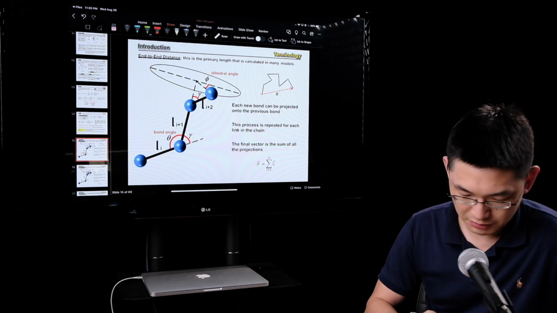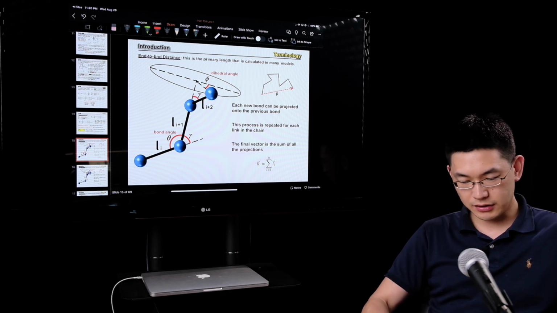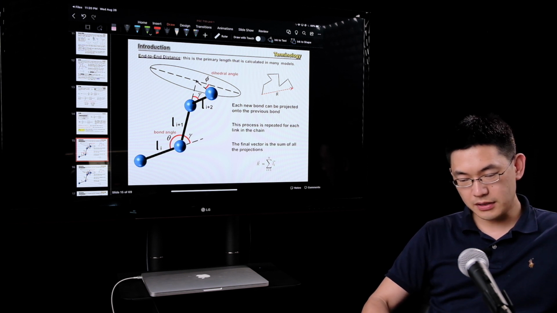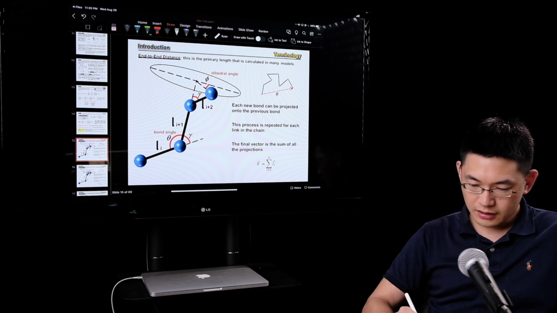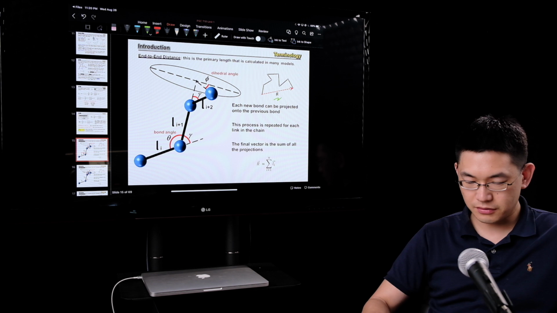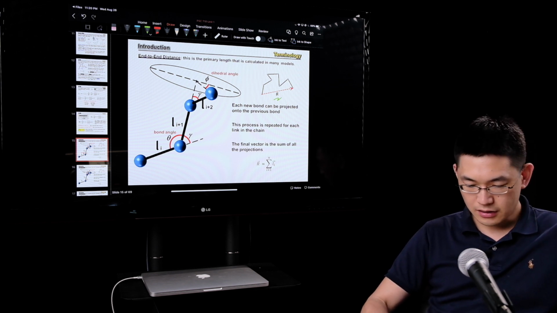In next slides, we're going to discuss the end-to-end distance with respect to different chains. And end-to-end distance is basically defined as a vector r as shown in here. And end-to-end distance is a preferred method to quantify how big your polymer coil size is.